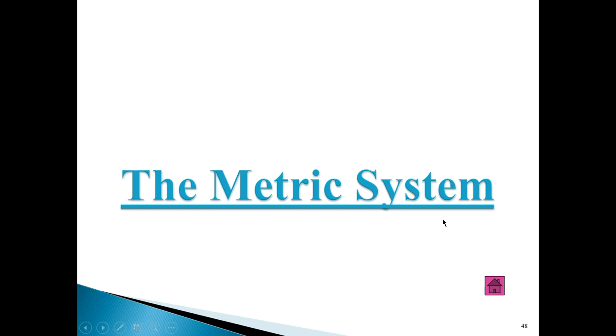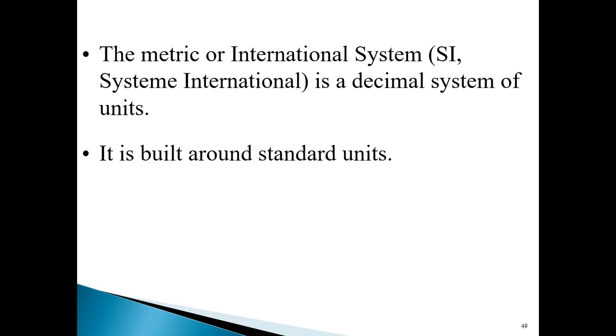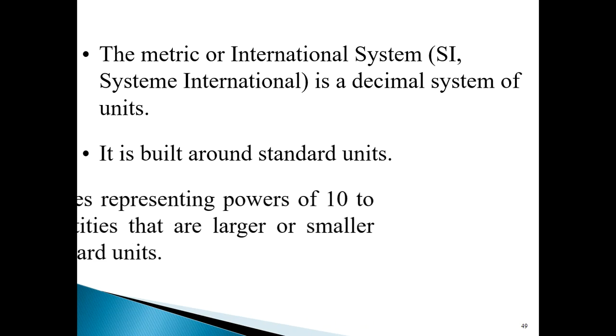Okay, so now we're going to get into a discussion of the metric system. This is a system that is used by scientists all over the world, also known as the SI system, which is an abbreviation for the International System, which is basically a decimal system of units, and it is built around standard units.